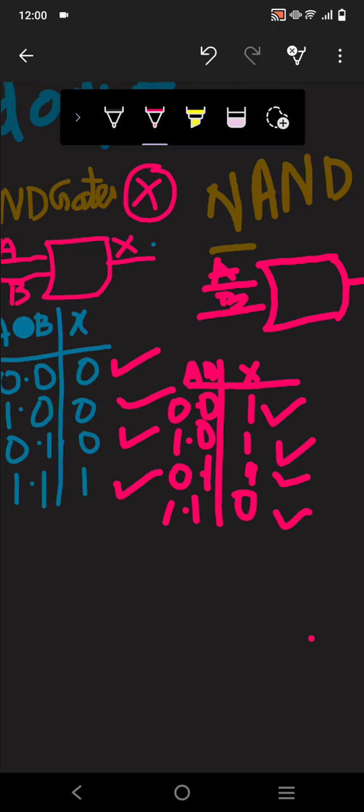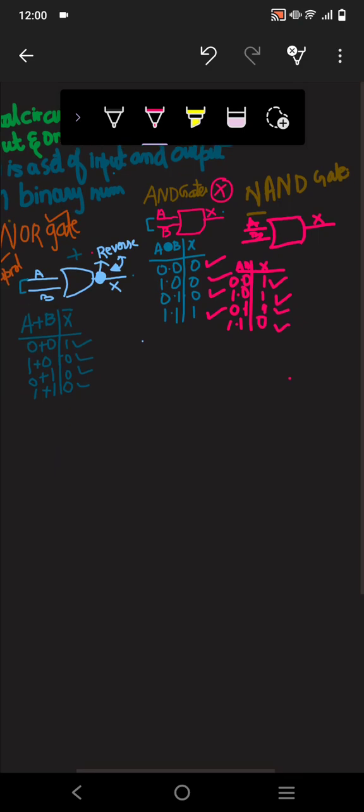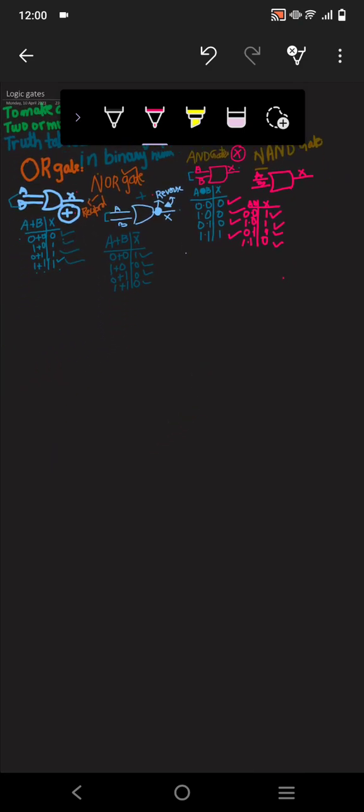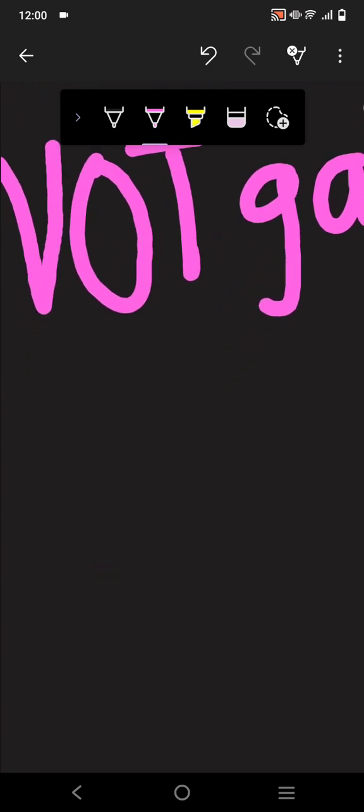Now we are moving towards another gate, that is the NOT gate. Here we'll be discussing the NOT gate. Here is an exception. The NOT gate is the only gate that has only one input and one output.